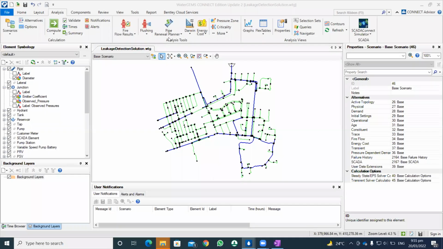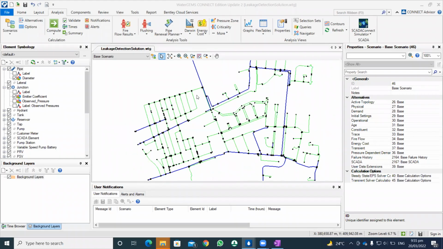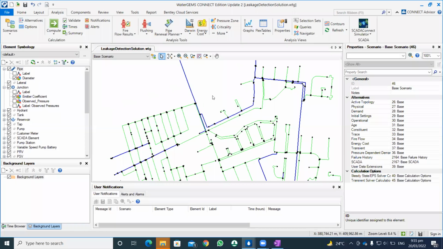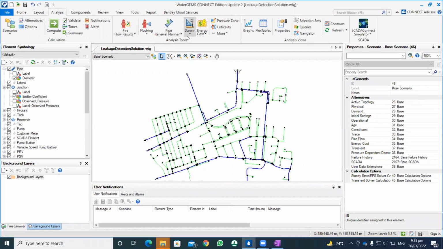In order to find the leakages and C factor for the different types of pipes, first you have to go to the field and measure the pressure at each junction for a specific time. So here I want to show you where it is.